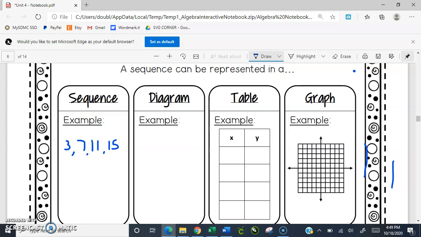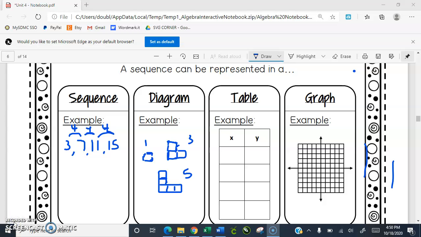Now, this is a common difference sequence because, as you can see, we add 4. So 3 plus 4 equals 7. 7 plus 4 equals 11. And 11 plus 4 equals 15. So we add 4 each time. So that is a common difference sequence.